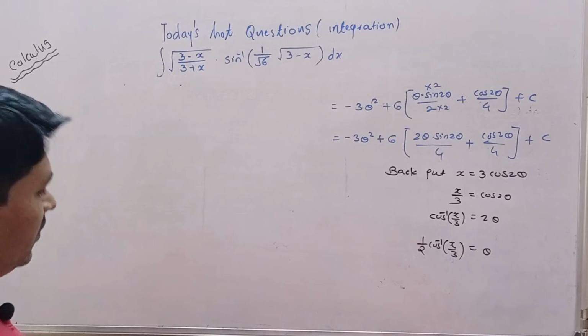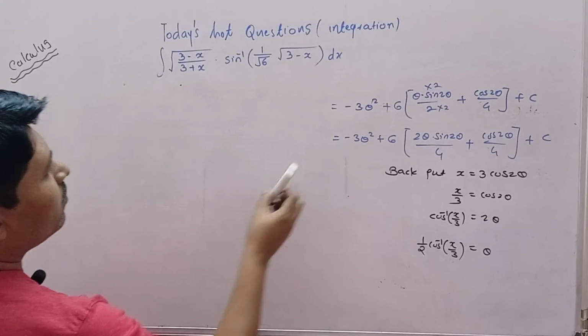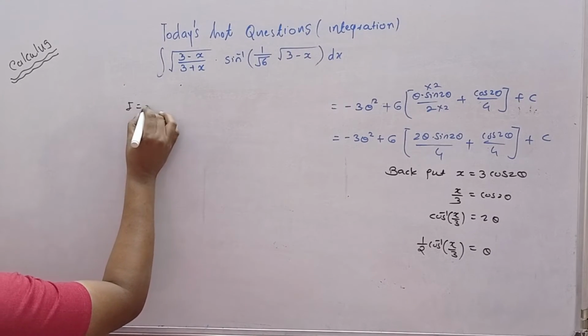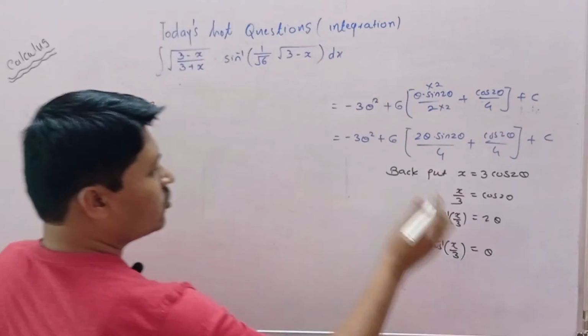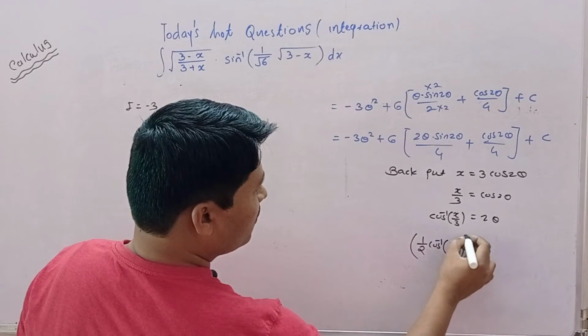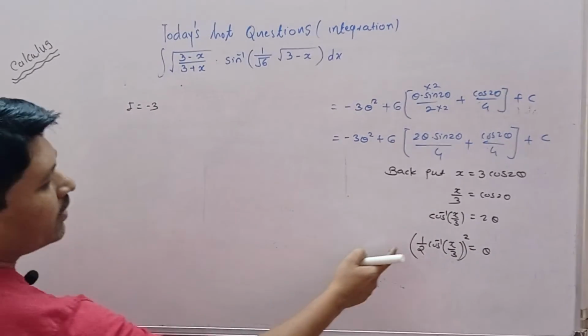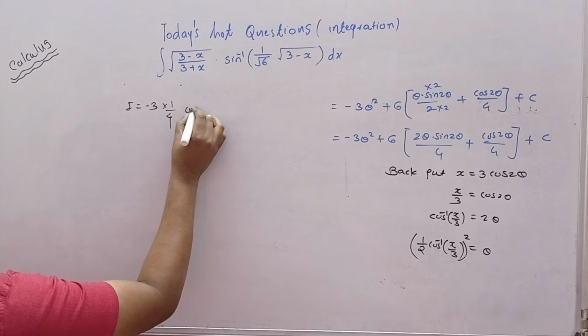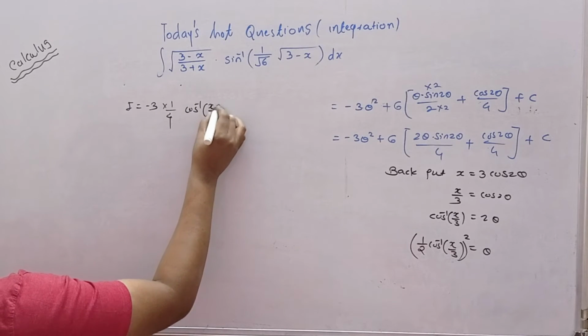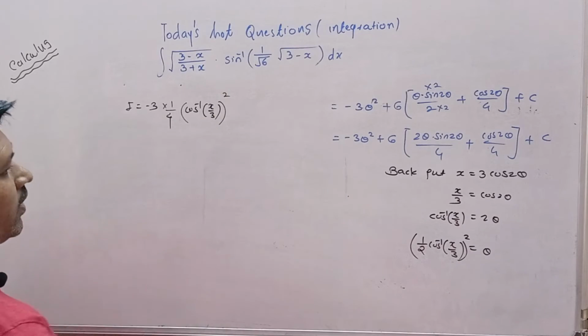Therefore I is equal to minus 3 theta squared, which we can write as 1 by 4 times cos inverse x by 3, bracket squared.